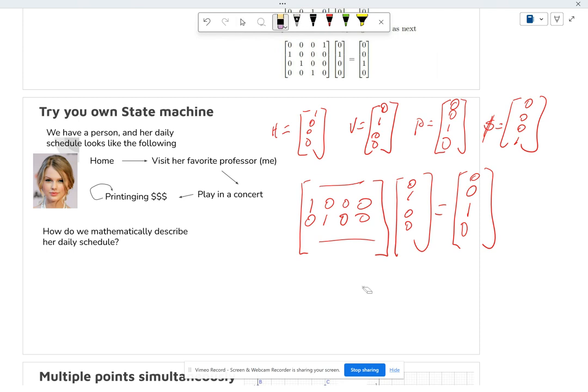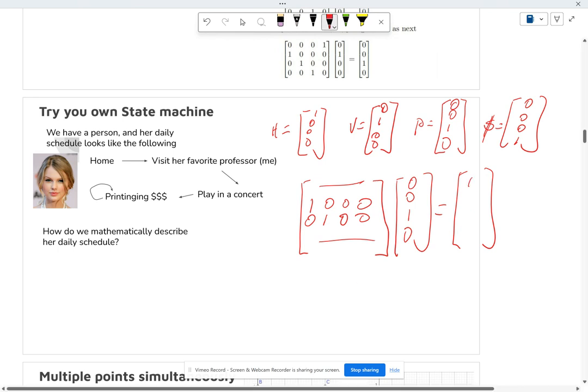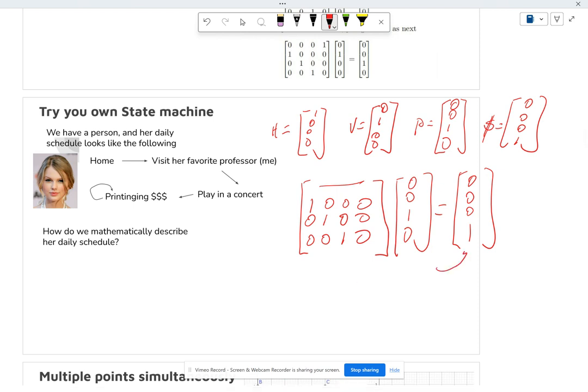Next, if we're at the third state, 0010, we want it to be in the fourth state, so 0001. That means the very last row, 0010, will give us this value. And now, if we're in the fourth state, 0001, we want that to remain in the fourth state.